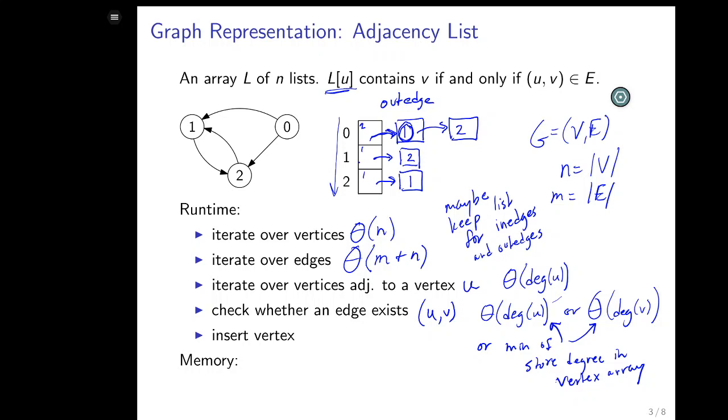Okay, how much time does it take to insert a vertex into this graph? Say I've got a vertex, and it has some number of neighbors, and I want to insert it in there.